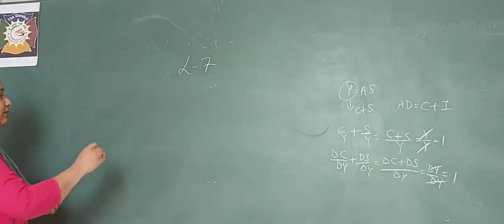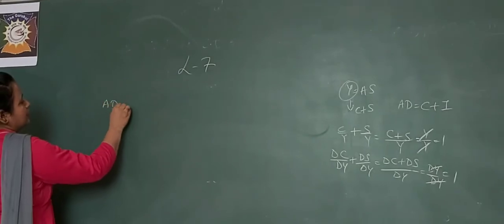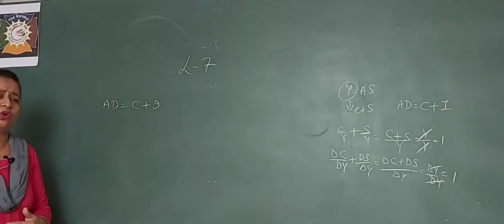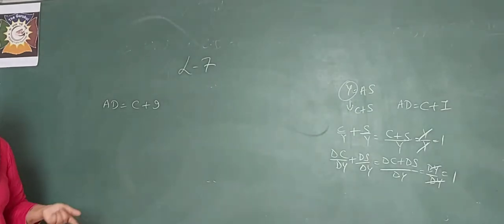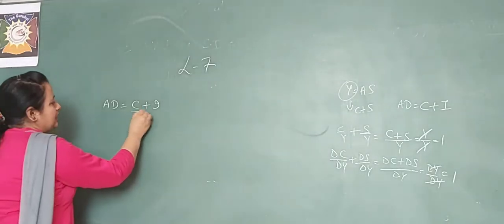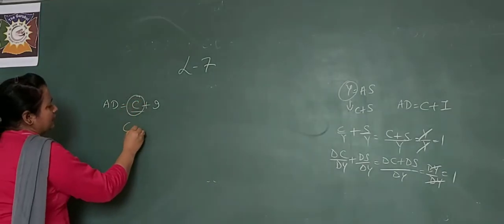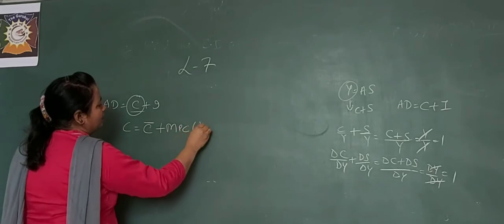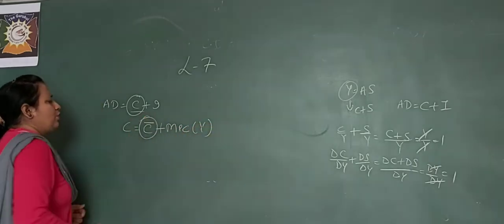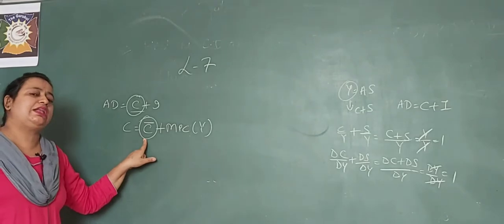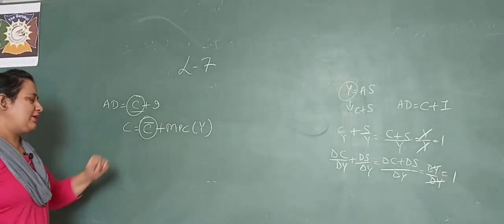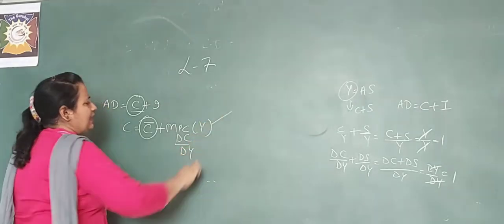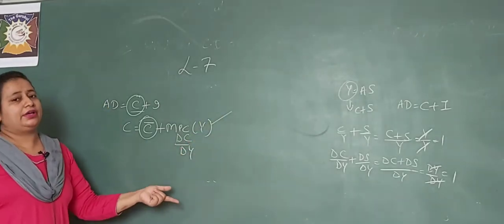So AD is equal to C plus I. Autonomous means it will remain constant. And C, the consumption function, is C is equal to C bar plus MPC into Y. C bar means autonomous consumption, that is zero level consumption. MPC is delta C upon delta Y, and Y means level of income.